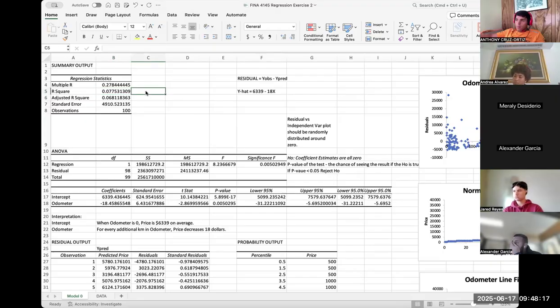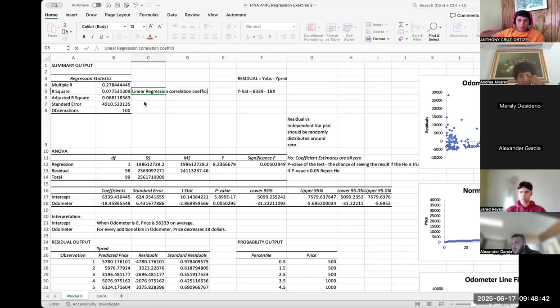It tells us about the linear regression result. And this is the correlation coefficient. If I round it, it's 0.08. What do I compare that to?